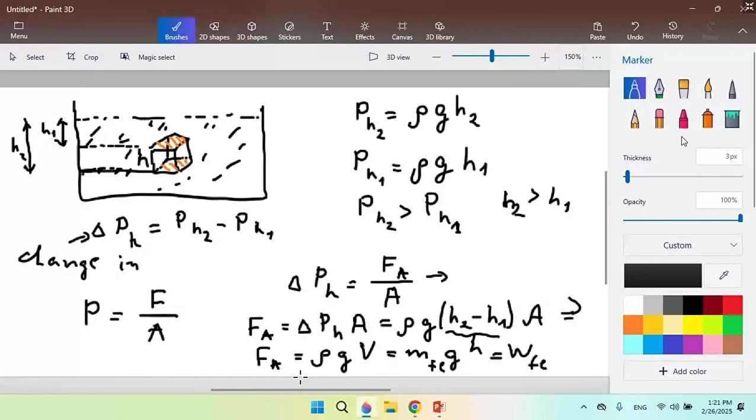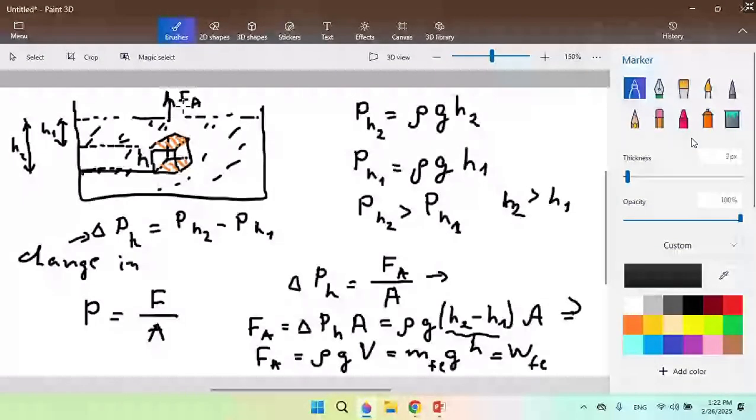And as we have already discussed, we've got pH2 being bigger than pH1. So we've got motion from high to low pressure, which means that the Archimedes force is directed upward.